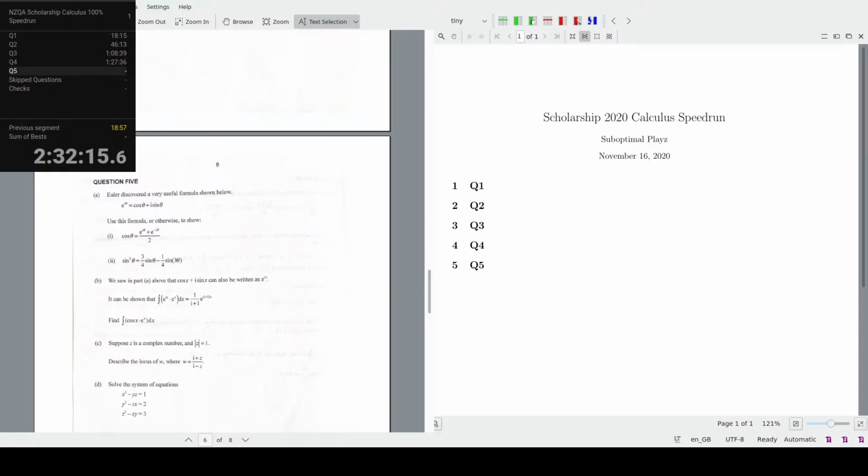Mobius transform is like AZ plus B on CZ plus D, right? Where A, B, C, D are complex numbers. So 5C is a Mobius transform, right? But then it should send circles to lines. So the locus of W should be a line, right?